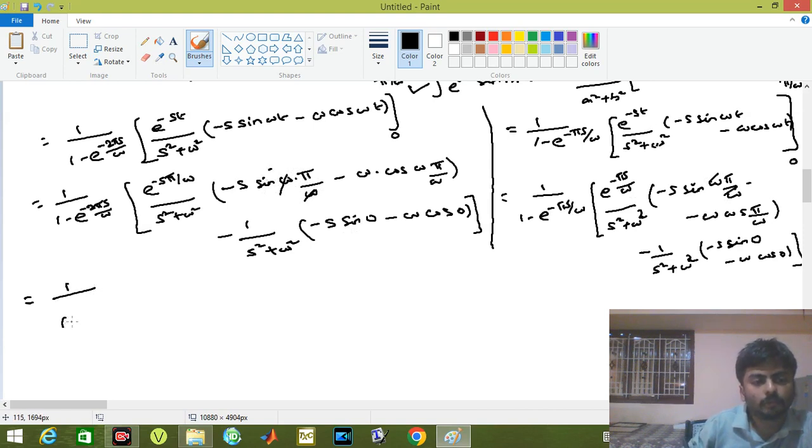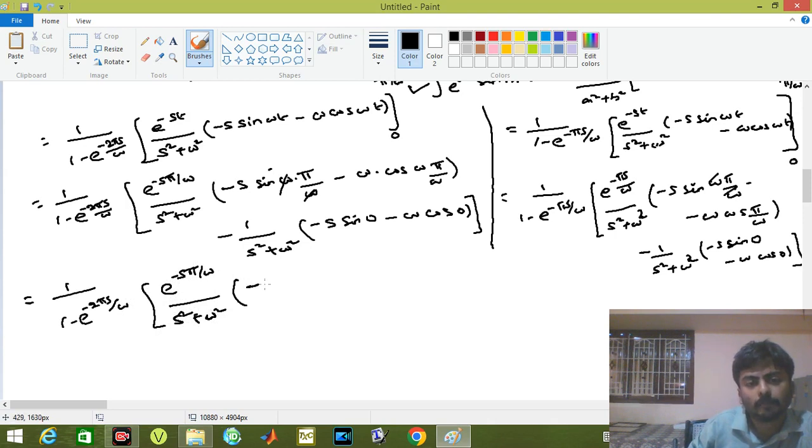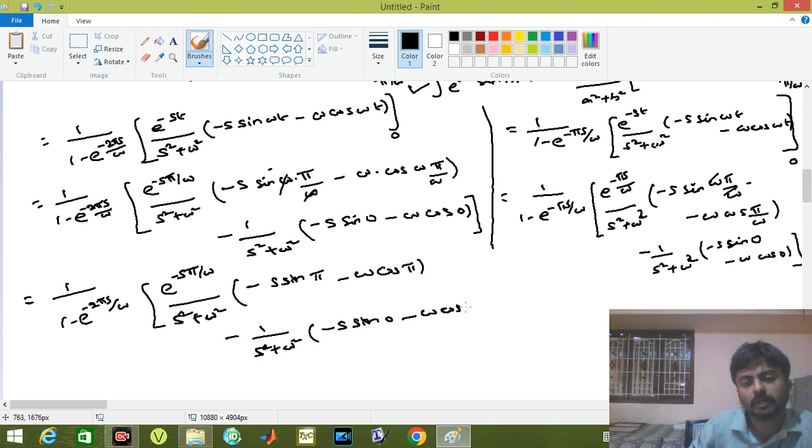So 1 by 1 minus e power of minus 2 pi s by omega into e power of minus s pi by omega divided by s square plus omega square of minus s sine pi minus omega cos pi, minus 1 by s square plus omega square of minus s sine 0 minus omega cos 0.